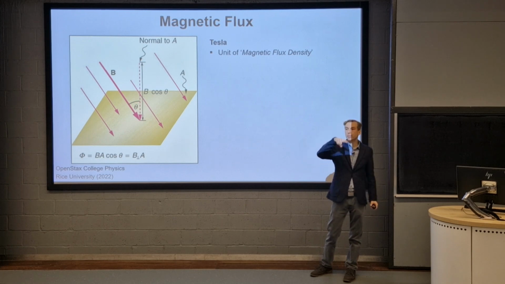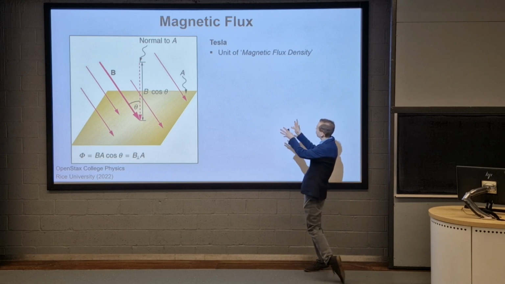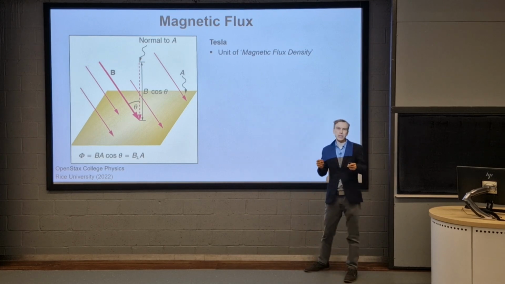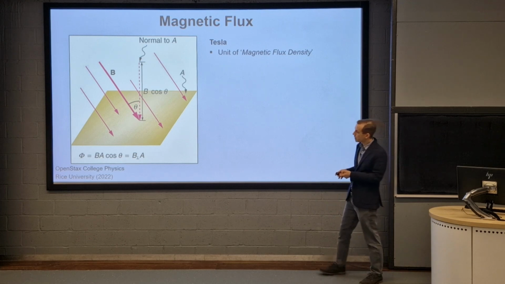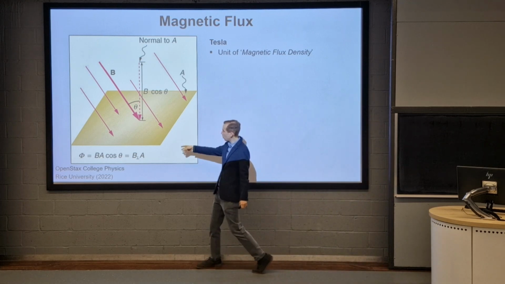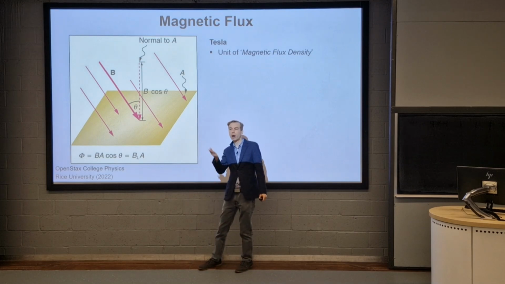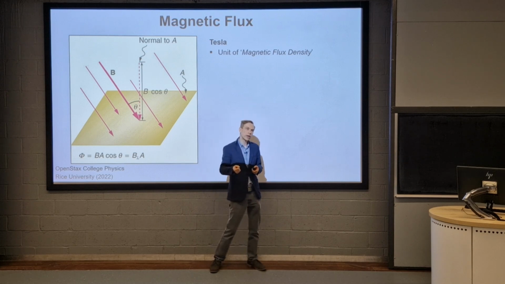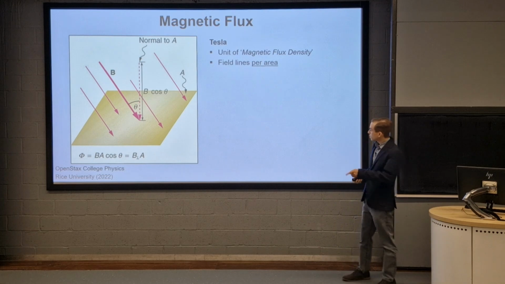So whenever we see B for the magnetic field, specifically what that means is how strong the magnetic flux density is. That sounds quite technical, but what it means is how densely packed the magnetic field lines are per area. So it's the field lines per area.